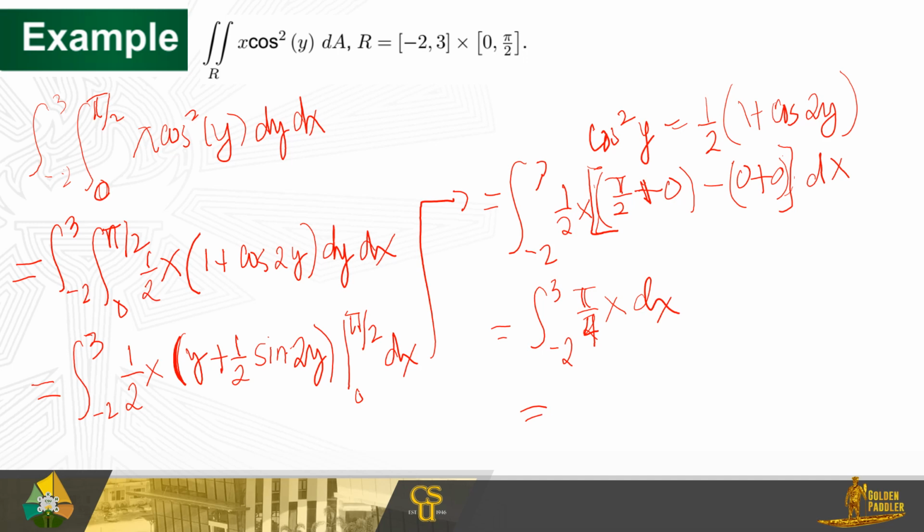So meron tayong pi over 8 x squared, evaluated from -2 to 3. And so meron tayong pi over 8 times 3 squared, that is 9, minus 2 squared, which is 4. So magiging 5 pi over 8 yung answer ng integral natin.